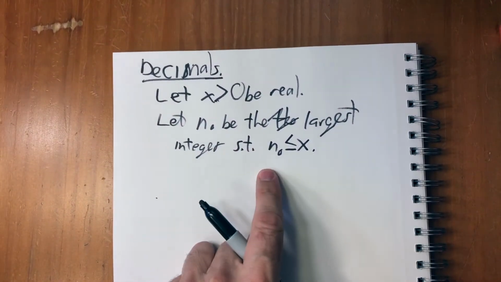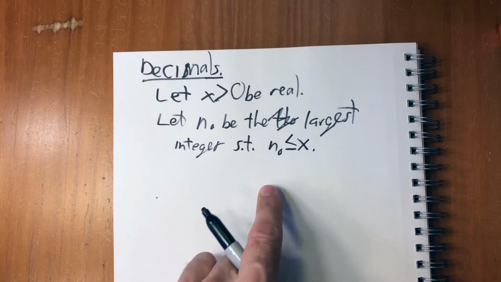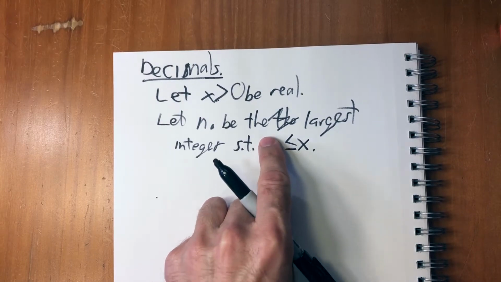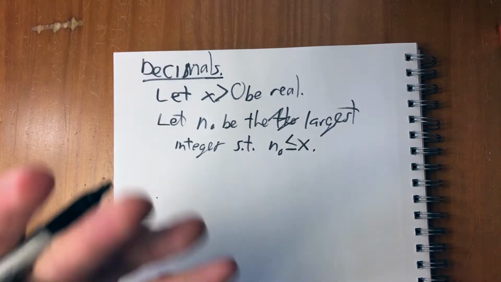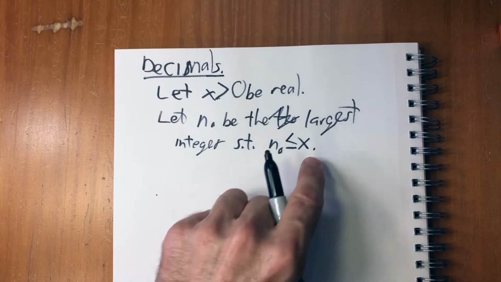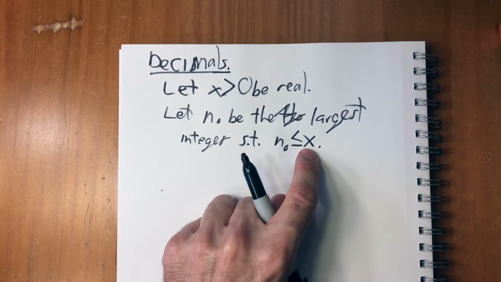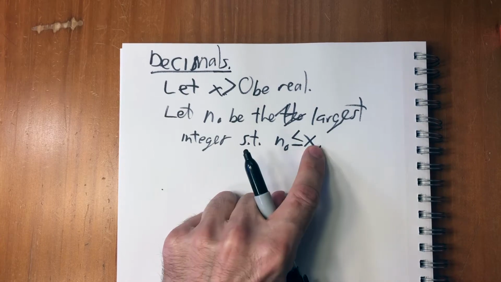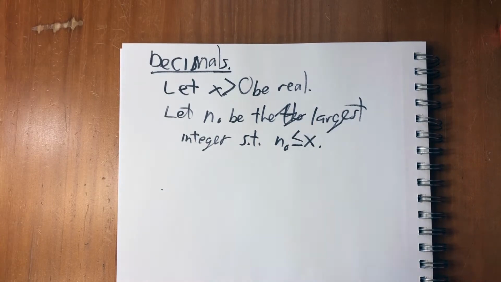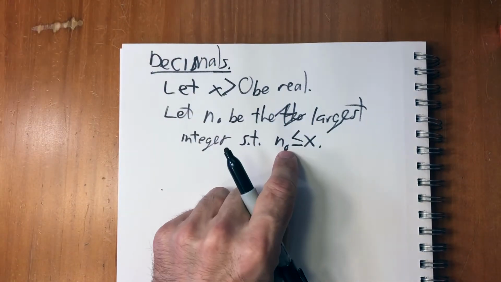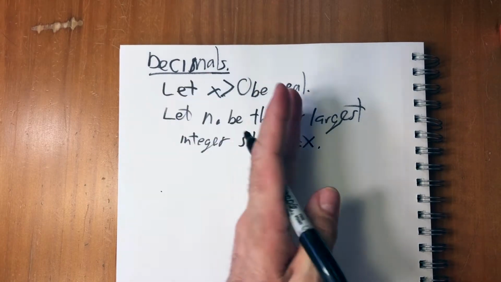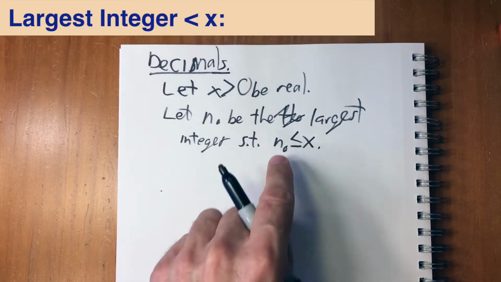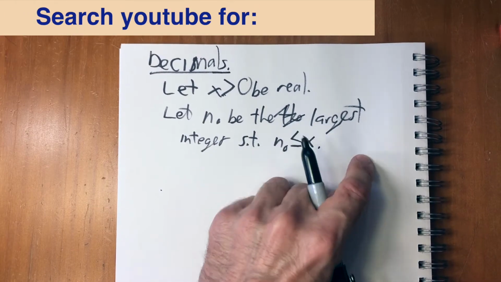So this is the reverse Archimedean property again. Normally we can find an integer that's larger than x, but one of the corollaries that I showed was that then you can also find an n that's less than x. And what we were just showing earlier is that there's also then a largest one that's less than x, because any one bigger than that would be on the other side of x.